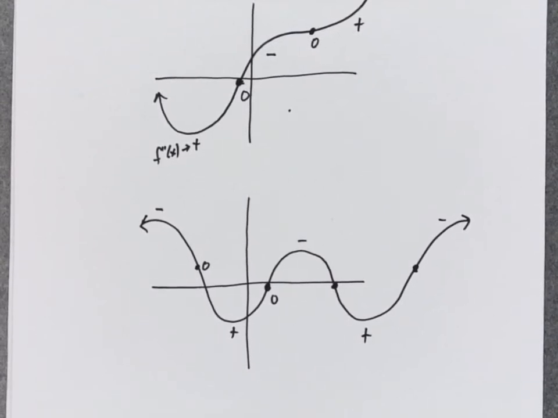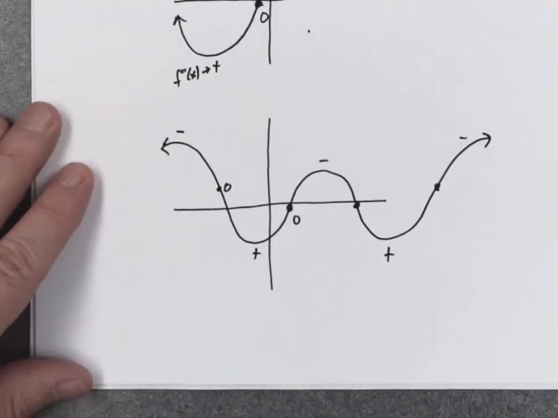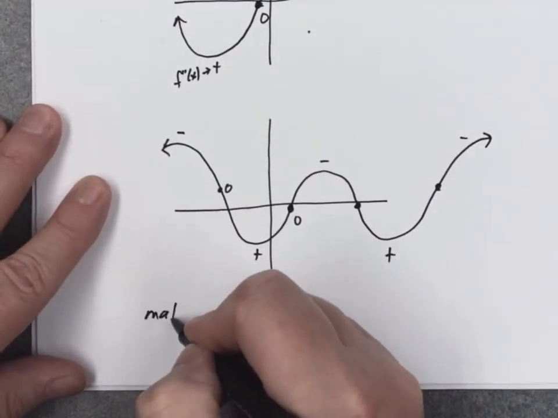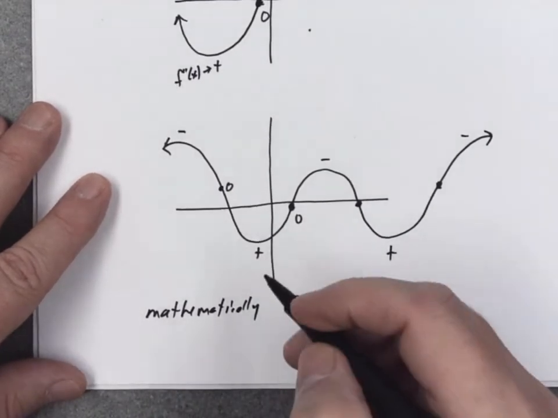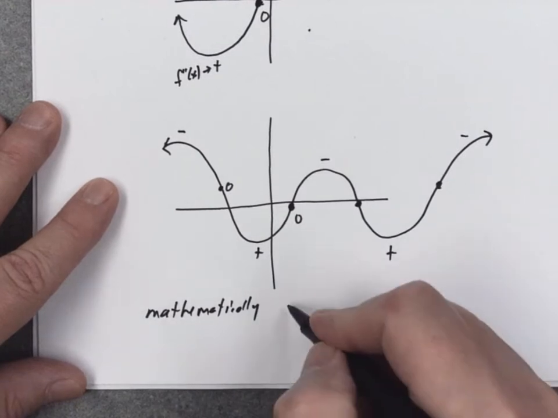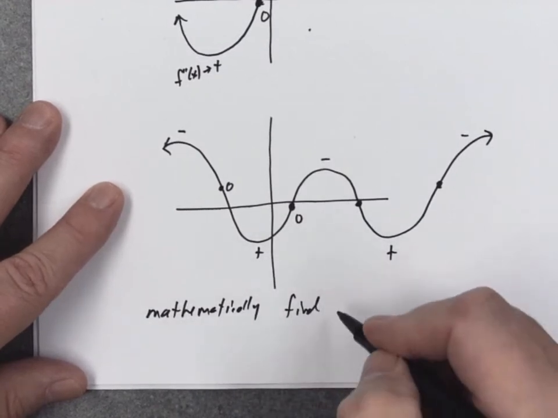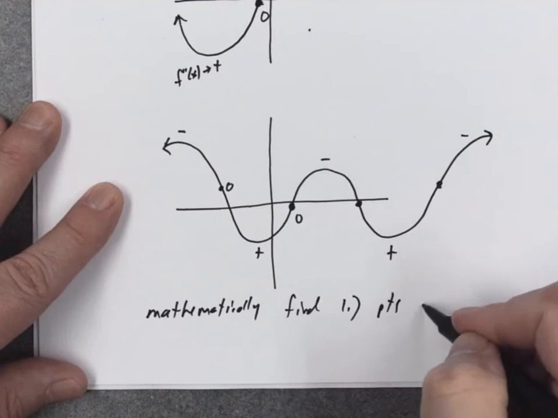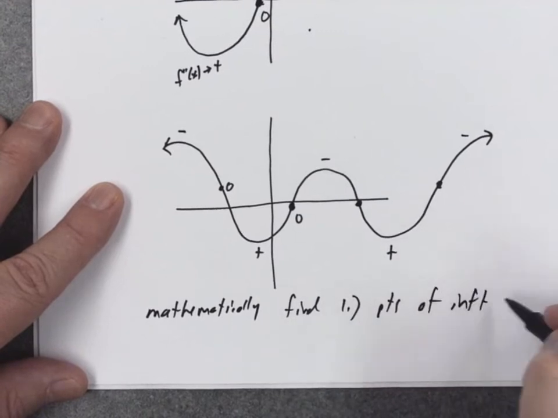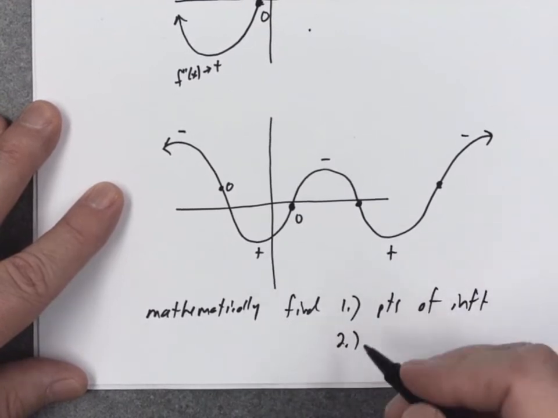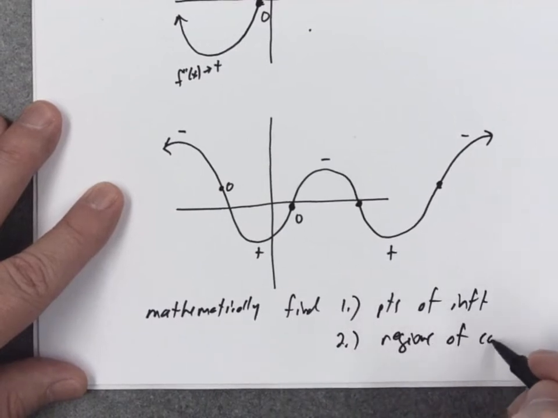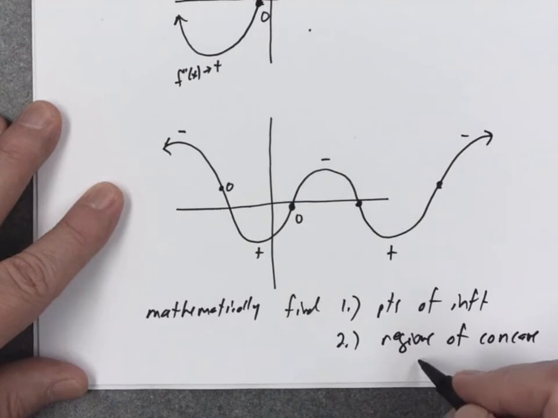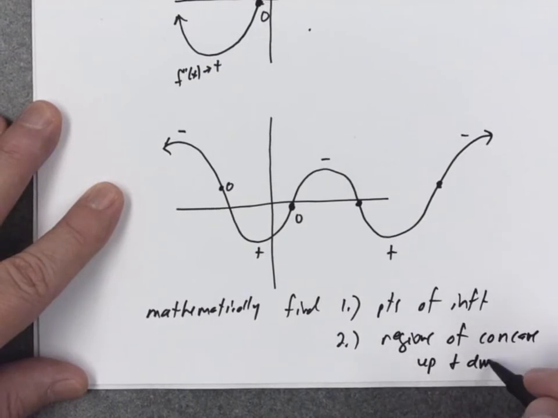All right, so hopefully it's clear to you. Now what we're going to do is be given a function as an equation, and mathematically we're going to find the points of inflection of the function and the regions or intervals of concave up and down.